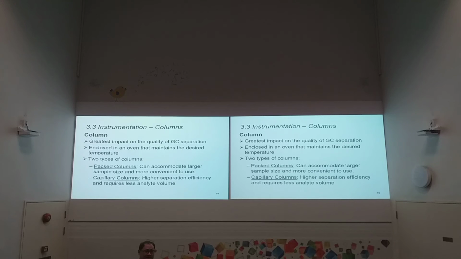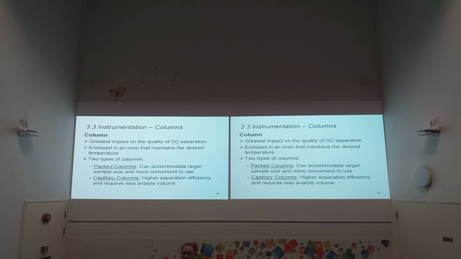Another thing is, next week, if we do our own experiment, then you will know the column. We usually house the column in a small compartment we call the oven. Like the injector, we house it in the oven because we would like to do temperature control. Based on the separation principle, temperature has a direct effect on the separation.